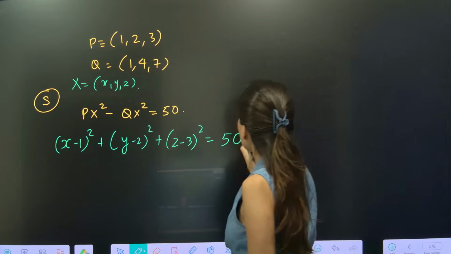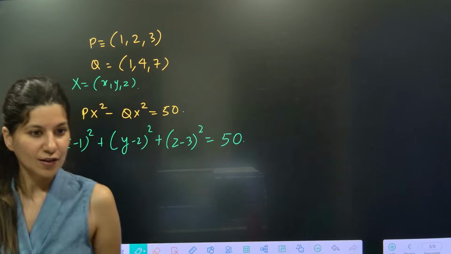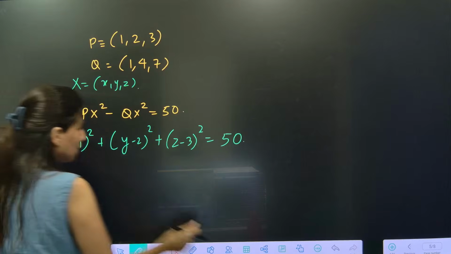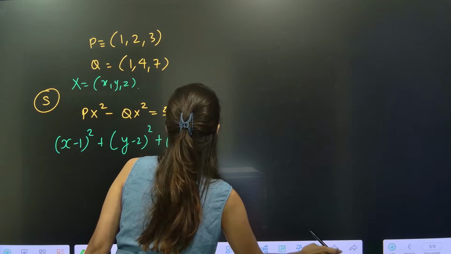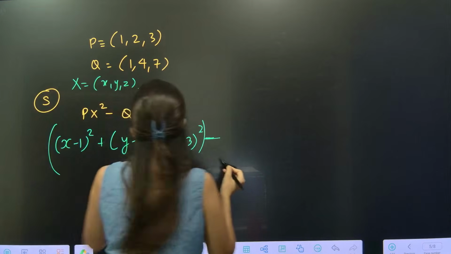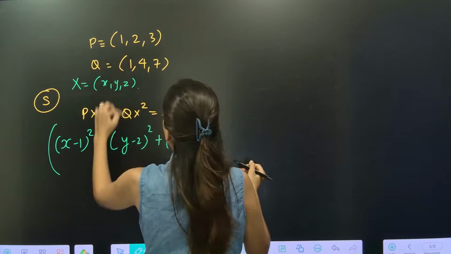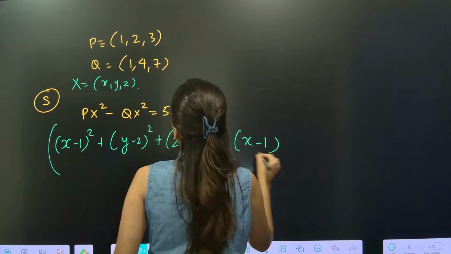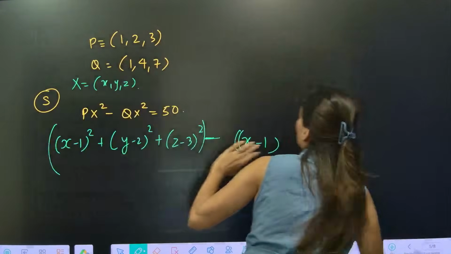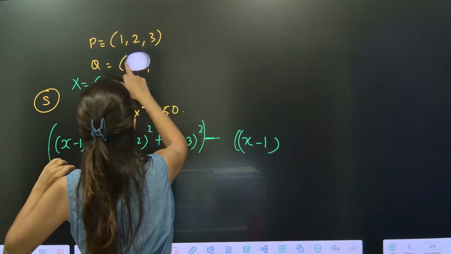Now, minus sign is there. Now you have Qx square. So again, X minus 4, is it correct? 427, sorry, this is 427.